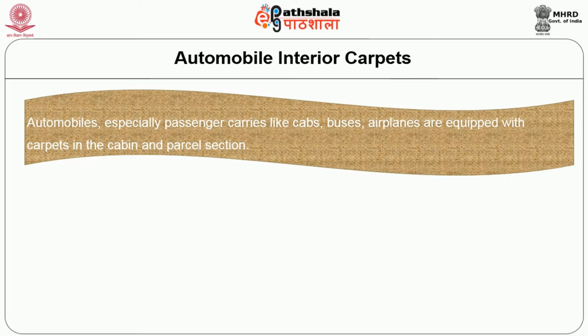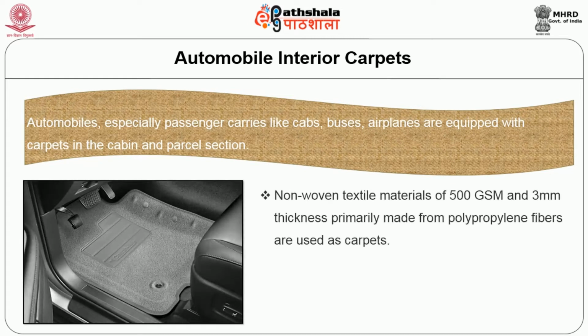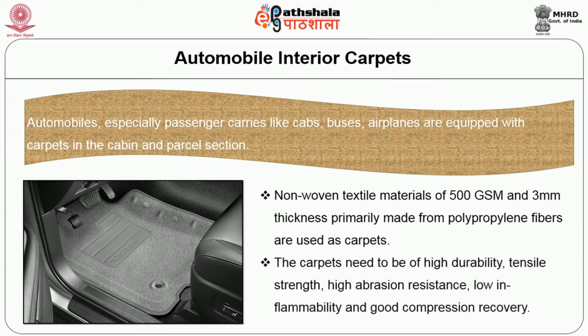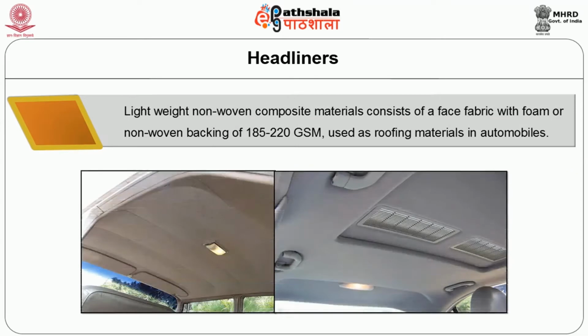Automobiles, especially passenger carriers like cabs, buses and aeroplanes, are equipped with carpets in the cabin and parcel section. Non-woven textile materials of 500 GSM and 3 mm thickness, primarily made of polypropylene fibers, are used as carpets. The carpet needs to have high durability, tensile strength, high abrasion resistance, low inflammability and good compression recovery.